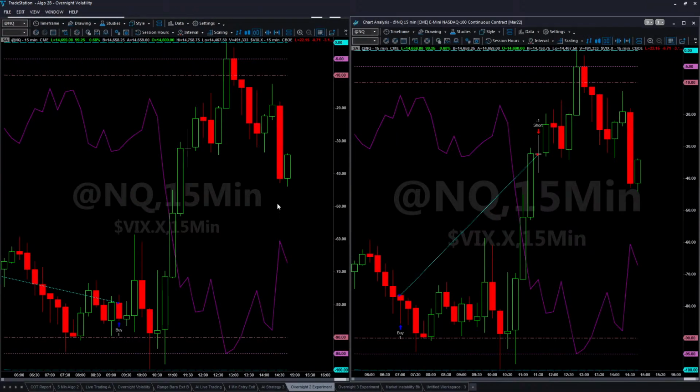Other experimental ones right here, you got a short signal on this one as well, and this caught the upside bias at 7 a.m. in the morning, and you got the other signal to go short. Just got rid of the noise, and it's just coming down right there. So that's how that works. These are still under observation and research until I'm completely done tweaking them and adjusting them and making them work. Then they'll become part of the workspace here.